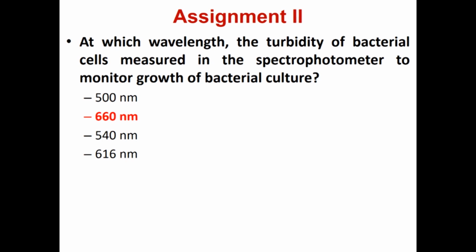In assignment 2, we also asked at which wavelength the turbidity of bacterial cells is measured in the spectrophotometer to monitor the growth of bacterial cells, and we gave a few options.